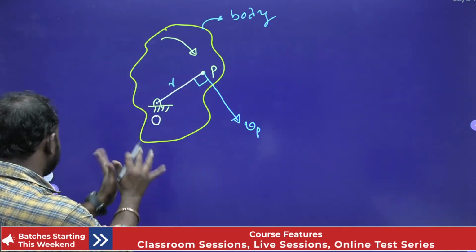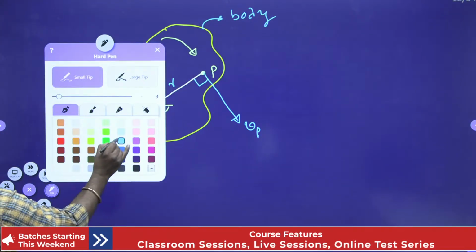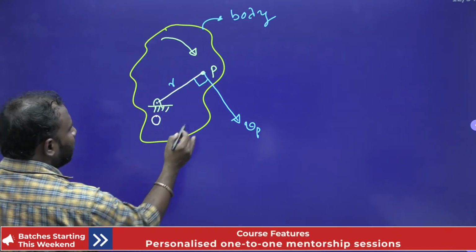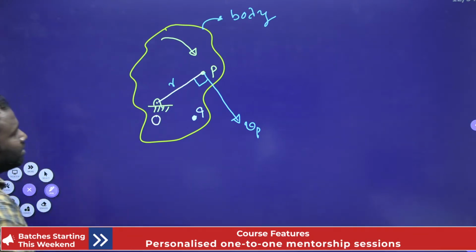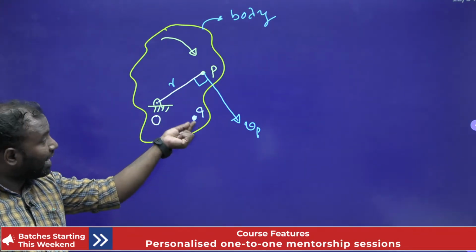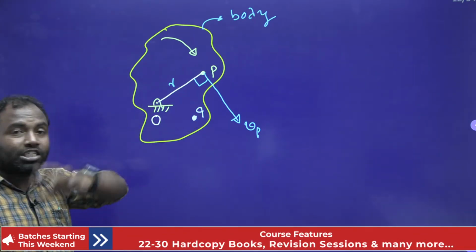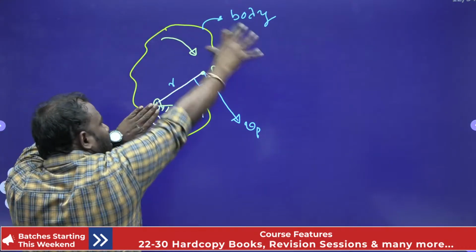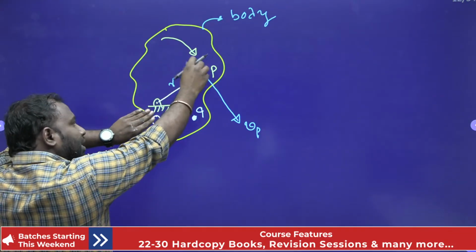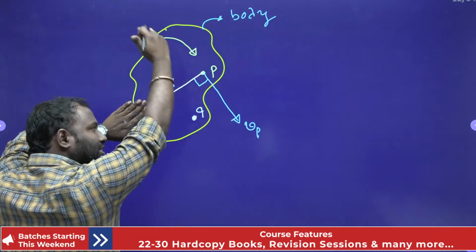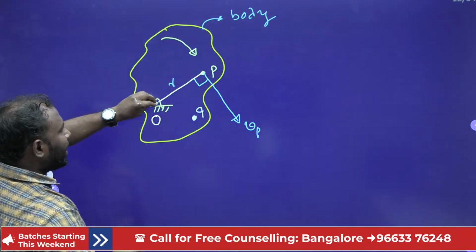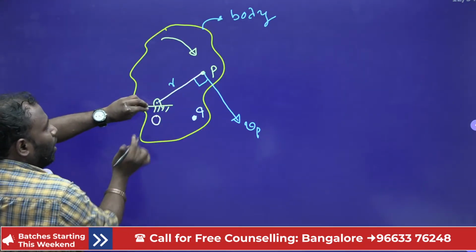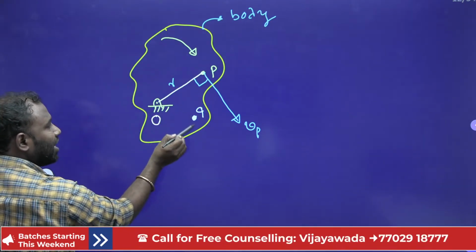Now in the same fashion, I am considering a particle Q here. I want to know the velocity direction at this particle when my body is under rotation. At particle P, my linear velocity direction is in this direction. Now when my body is rotating about point O, I want to know the linear velocity at this point.